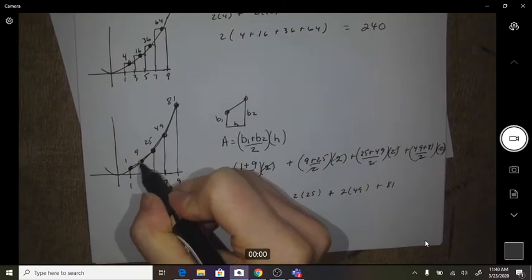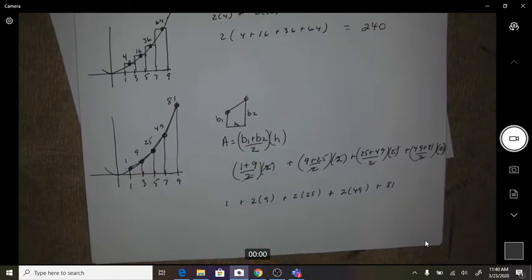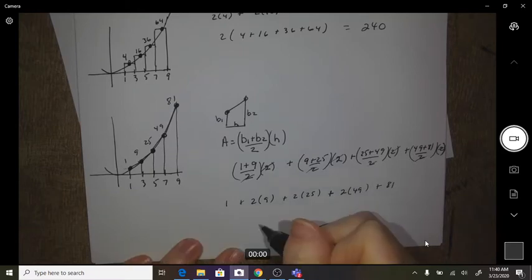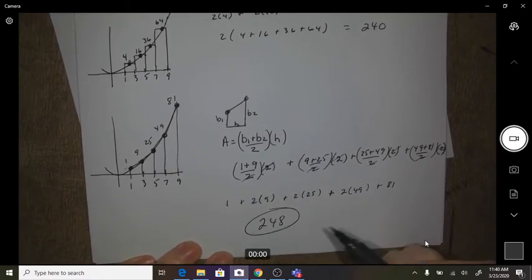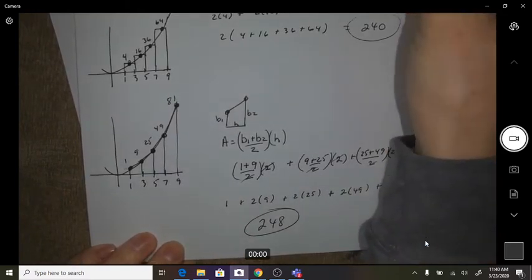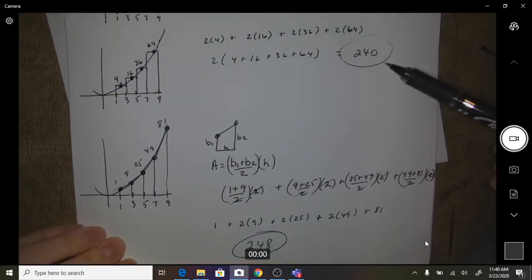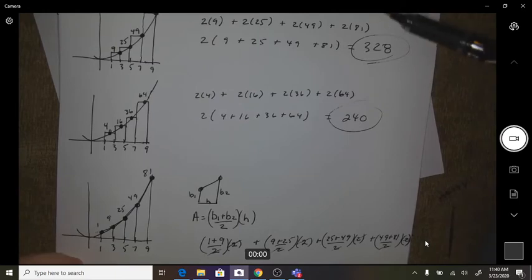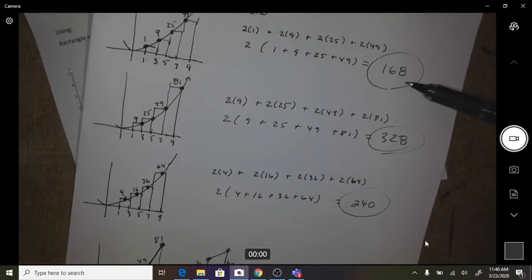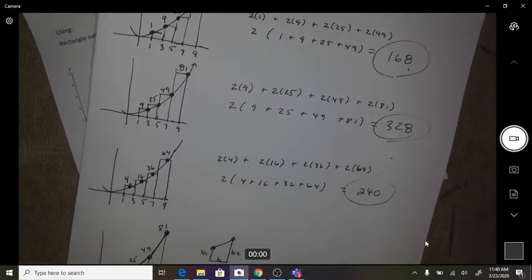All these middle ones you count twice, and the end ones you only count once. So that comes out to 248, which makes sense in that it's pretty close to my estimation of the midpoints, and right in the middle of the one that was underestimated and the one that was overestimated.